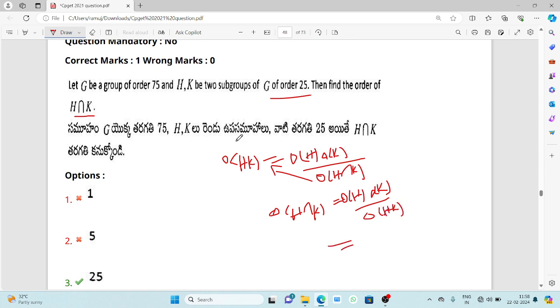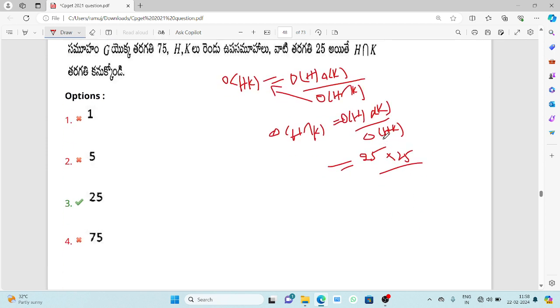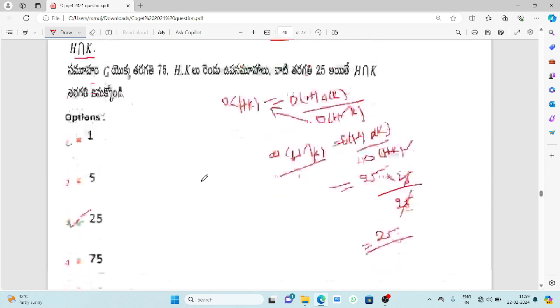Order of H is given as 25 and order of K is also 25. So we get 25 into 25 divided by order of HK, which is the GCD of H and K. The GCD of H and K is only 25. So with the answer we get 25. So order of H intersection K is 25. That is the correct answer for this question.